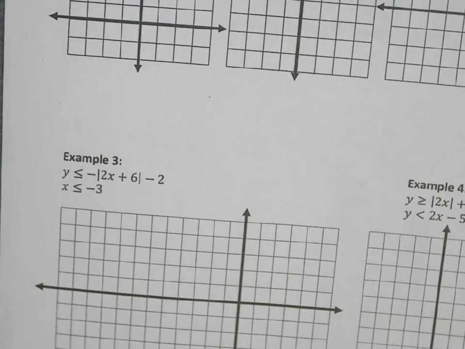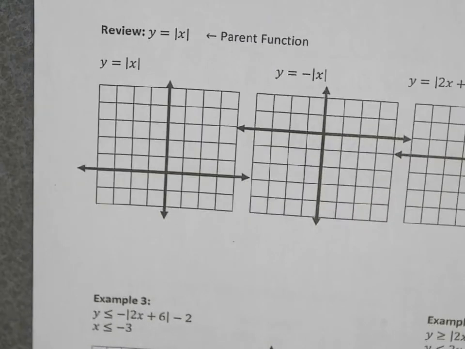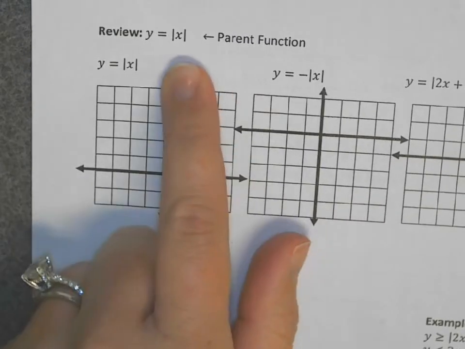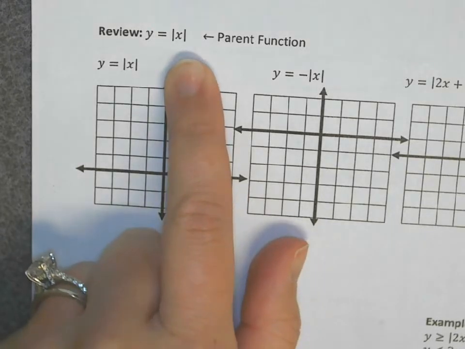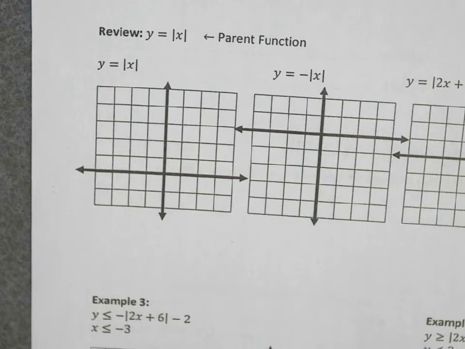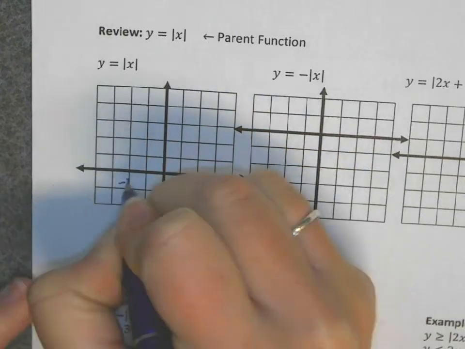All right, so quick recap on absolute value functions. Our parent function is if there's nothing else other than the absolute value of x. That's the most basic version of this function. Let's go ahead right now. All of these scales, we'll just put them as 1. So I'm just going to label all scales right now.